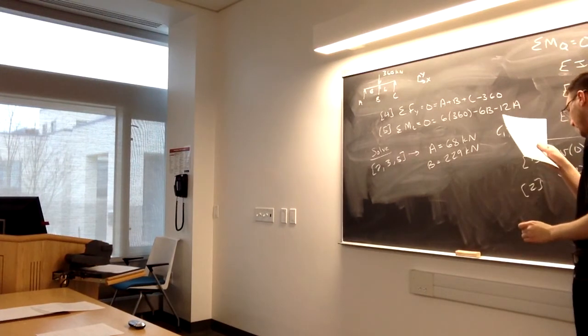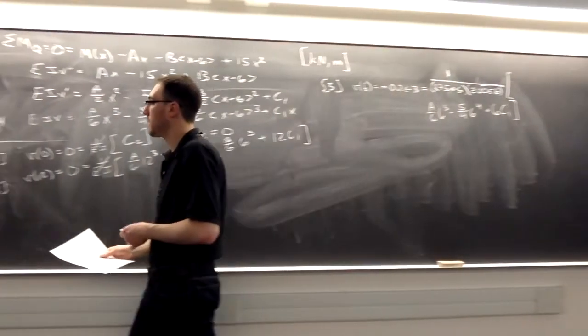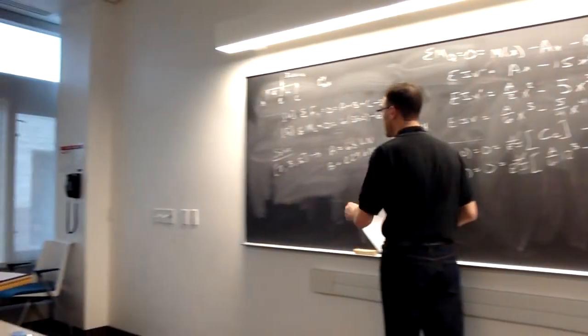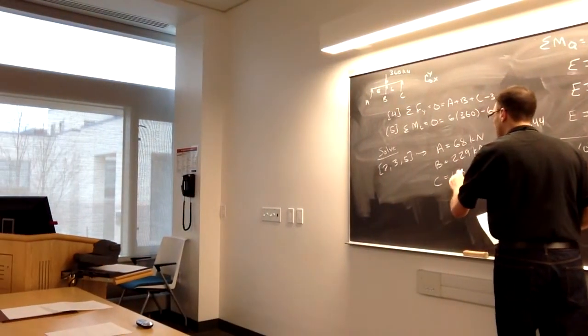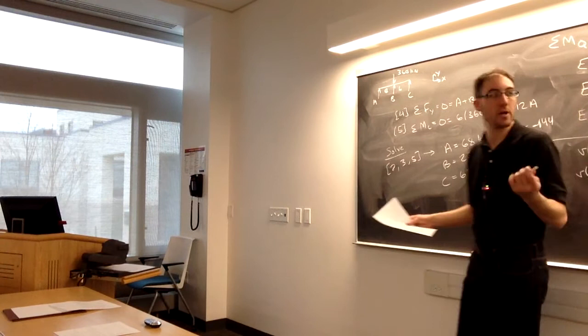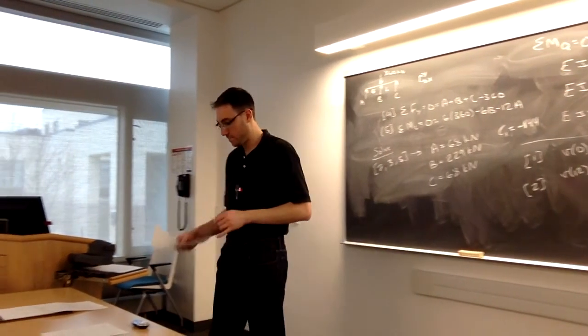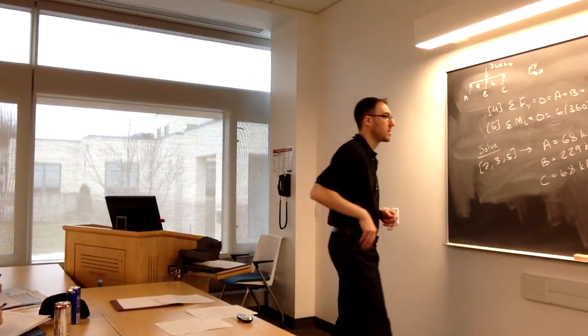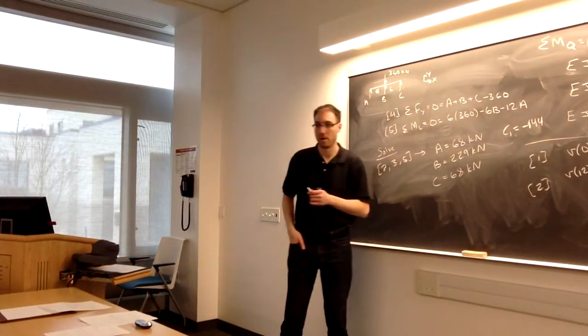C1 is negative 144. And then if we put this back into equation 4, we get that C is also 68 kilonewtons. And we could have expected that due to symmetry. And we already knew that C2 was equal to 0.